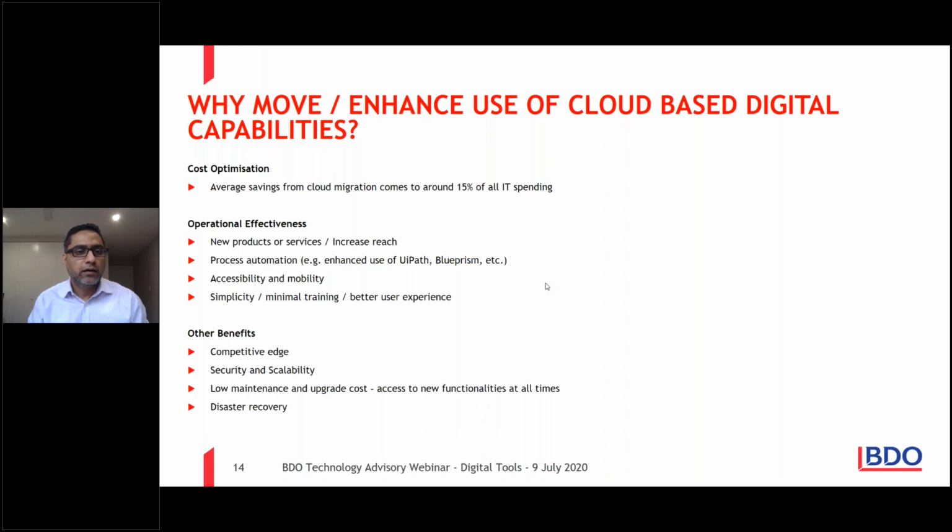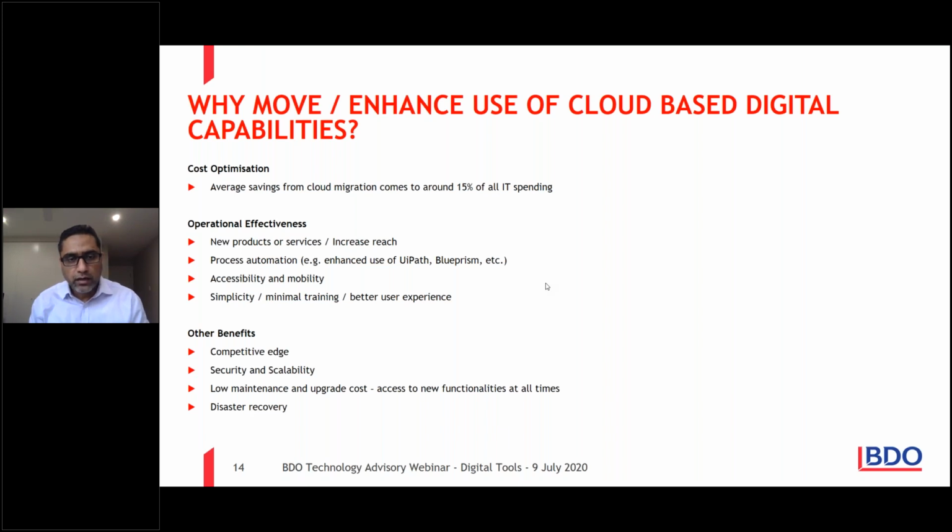Process automation, this is becoming an increasingly important area, where instead of trying to have siloed processes, a lot of our clients are looking at the horizontal view of what the interaction is and making sure that each interaction is made as streamlined as possible.